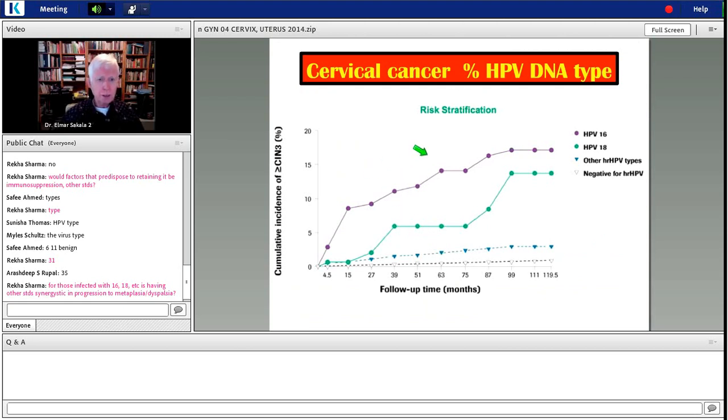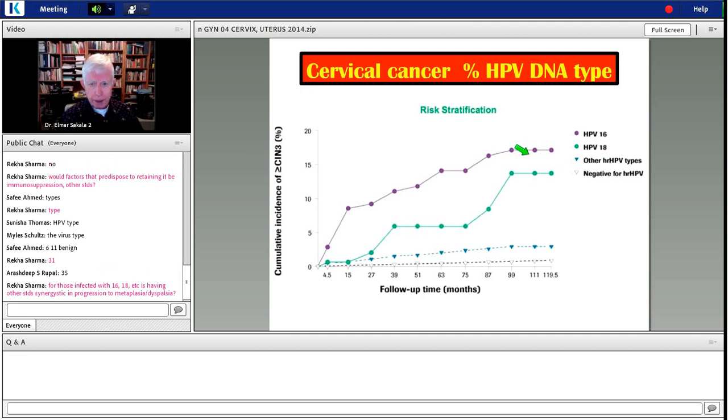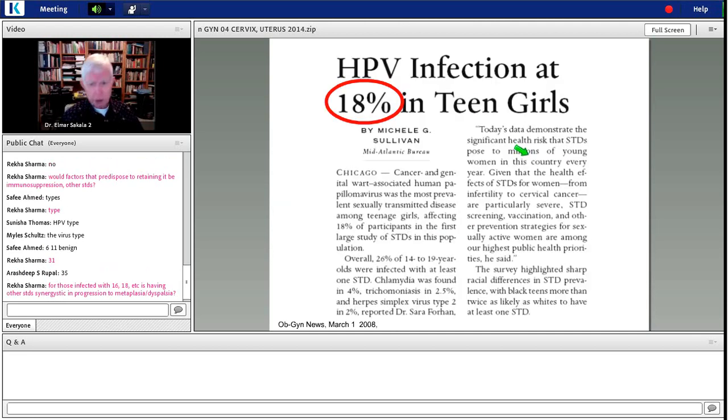This is showing cervical cancer as a percent of HPV DNA type. And the purple one here, which is the most common, is HPV 18. I'm sorry, 16. And the green is HPV DNA type 18. And the 16 is a squamous cell.